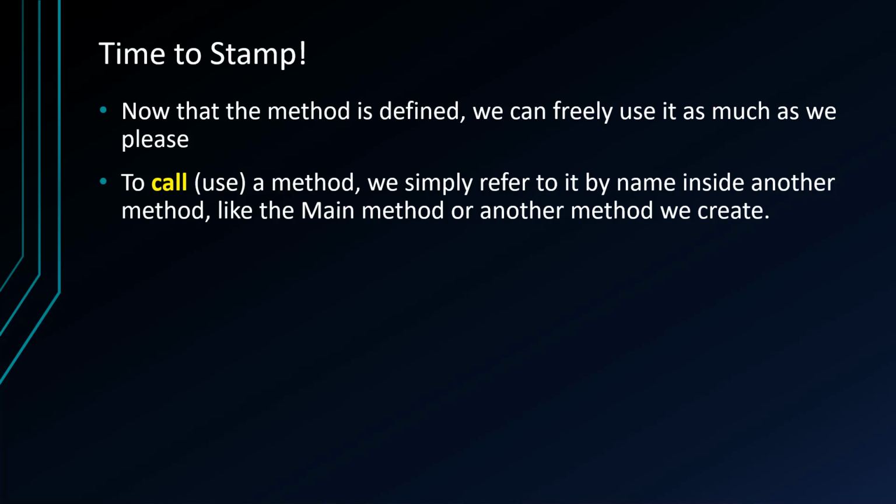For your own method, you just call it by its name. As it says here, we simply refer to it by its name inside another method, like the main method or another method that we create. So we can actually call our methods from inside of other methods that we create. This may be pretty useful depending on what you're doing.